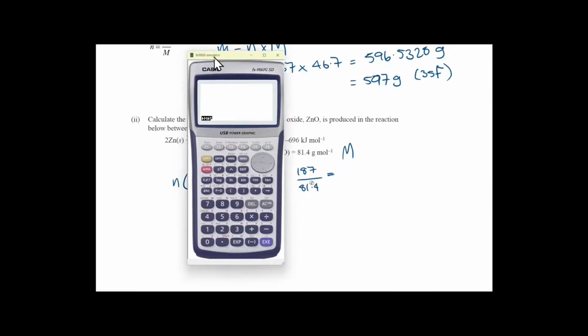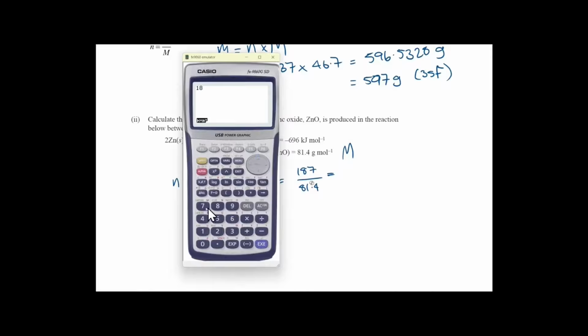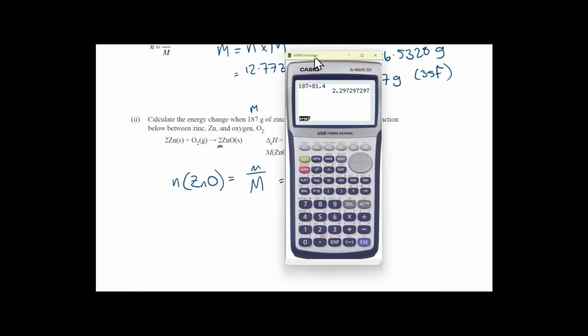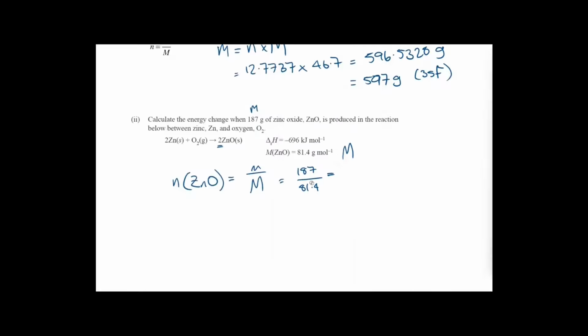So 187 divided by 81.4 is going to be this nasty number, 2.297 forever. Okay, so that's how many moles are produced.